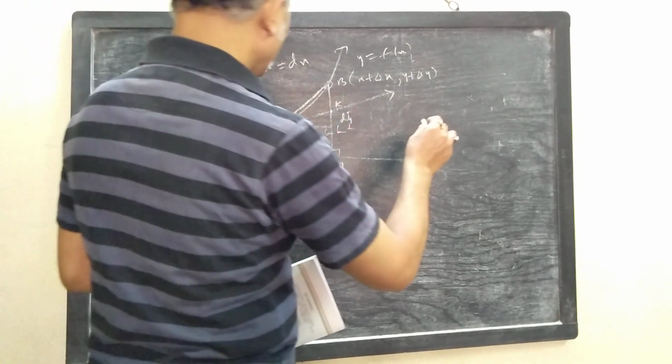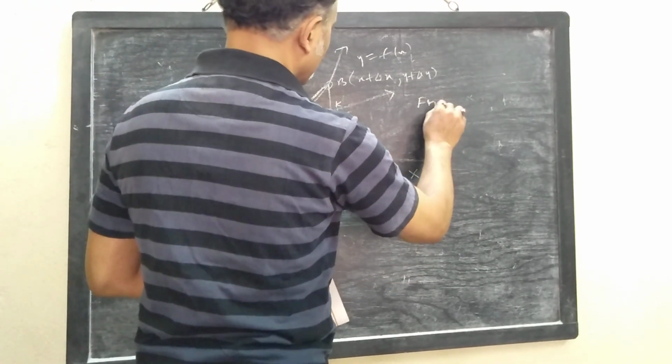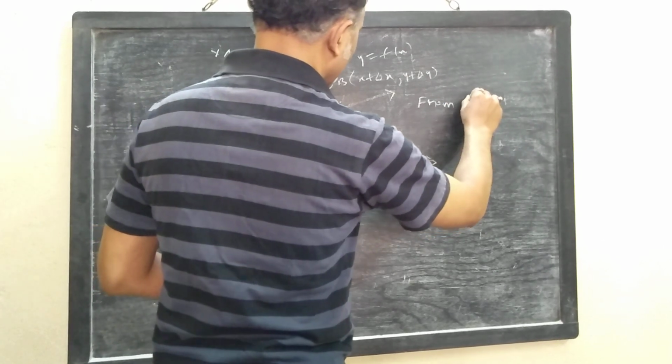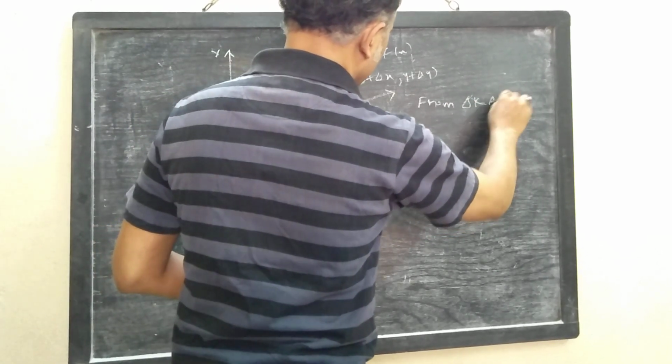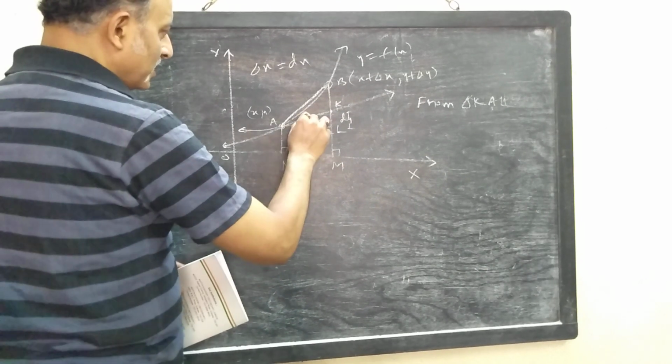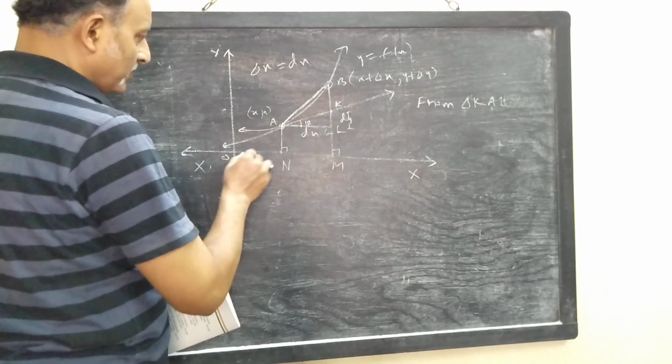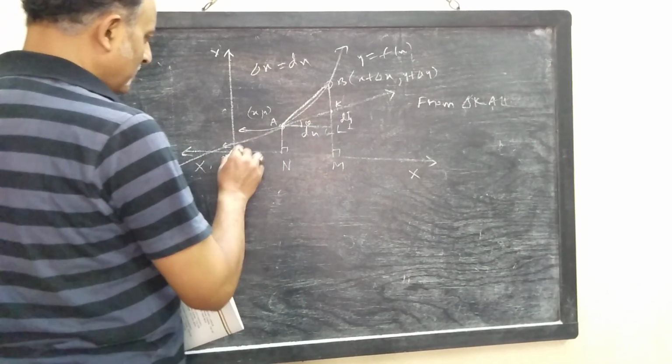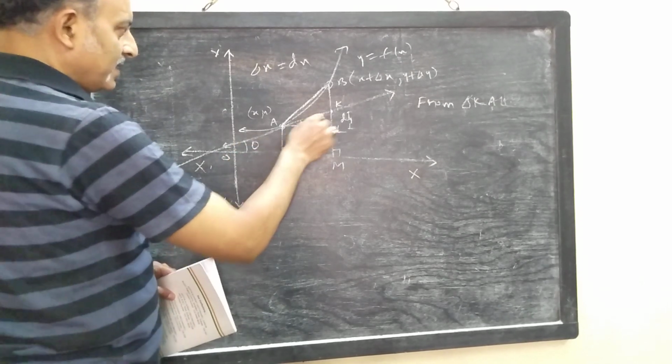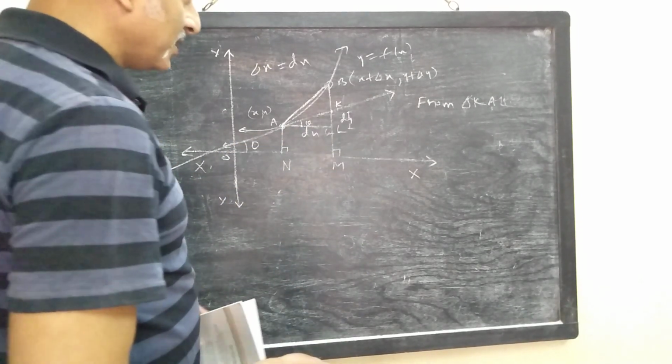So from triangle KAL, if you consider this angle as theta, that is, if you extend this line, this angle is theta, then tan theta is the slope of this line, that is, the slope of the tangent.